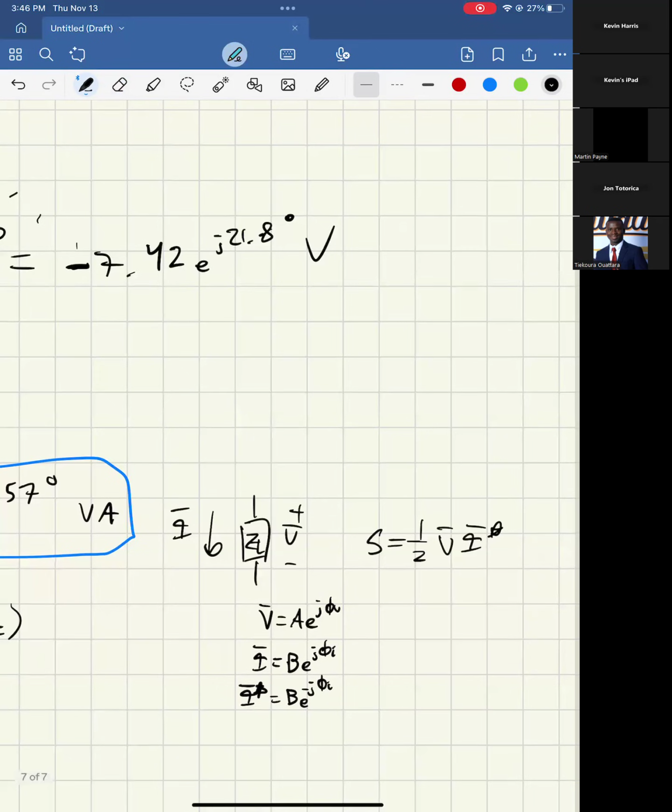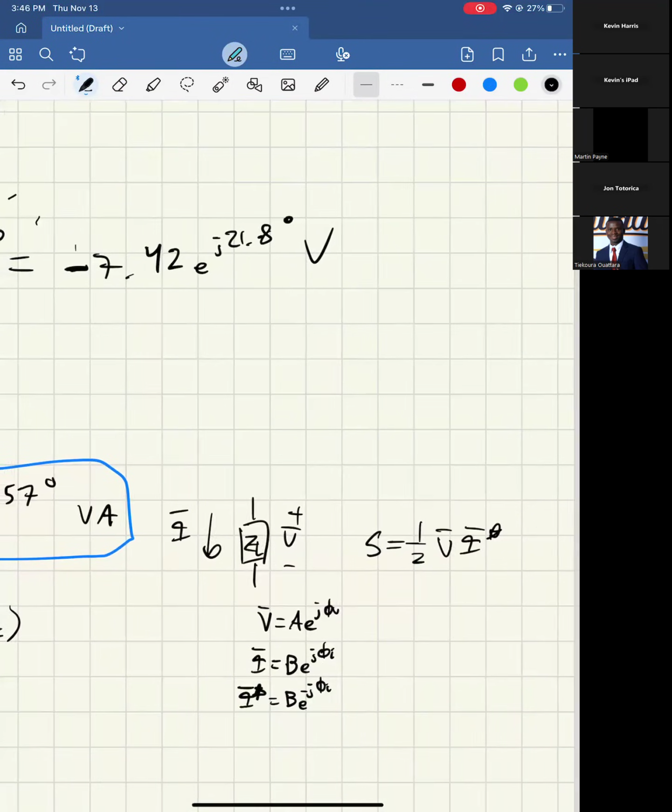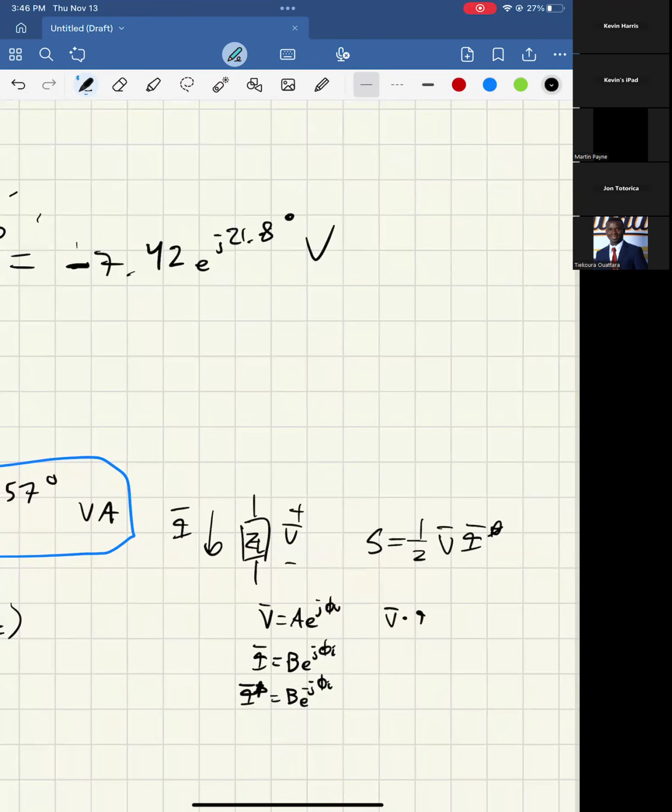So then when you multiply V times I conjugate, that's going to be AB e to the j phi V times e to the negative j phi I. And then based on our exponent rules, you end up getting that.